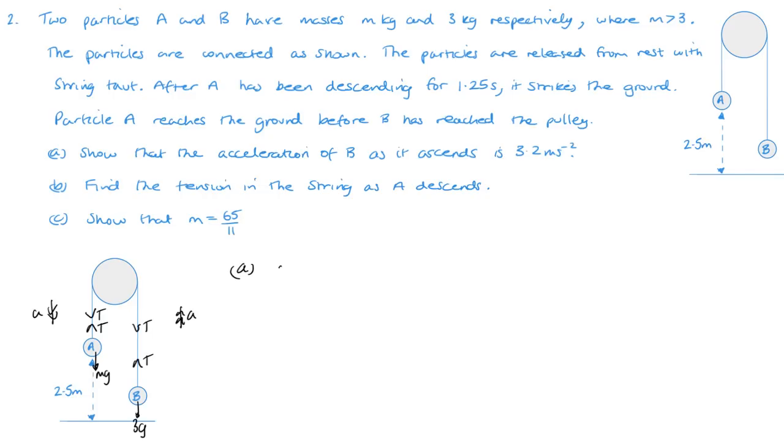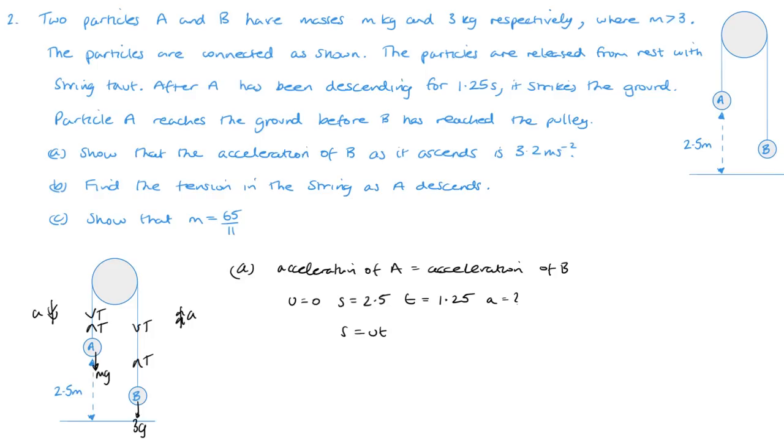So the acceleration of A is equal to the acceleration of B. So we can look at A there. Taking down as positive, u equals 0, s equals 2.5 meters, t equals 1.25 seconds, and a we want to find.